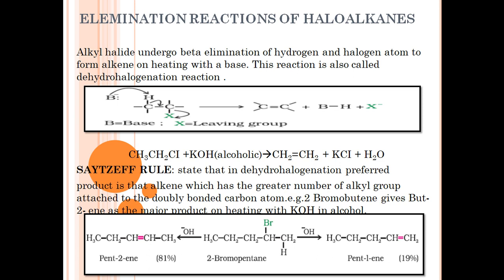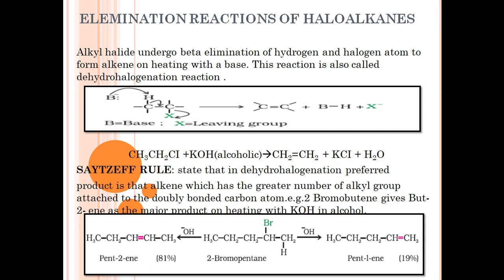In this type of reaction, alkyl halide undergoes beta elimination of hydrogen and halogen atom to form alkene on heating with a base, and this reaction is also known as dehydrohalogenation reaction. Here a general reaction is represented.